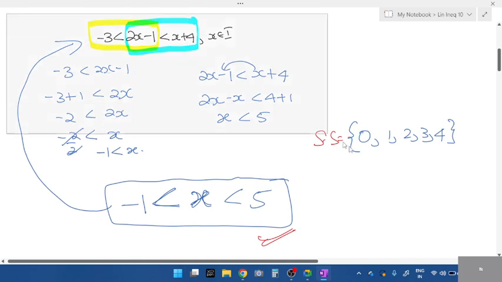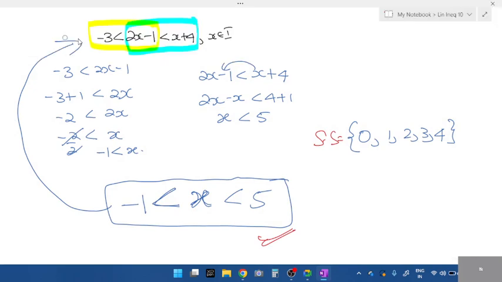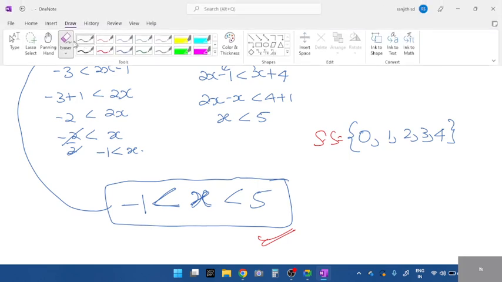All of you are done, completed? Solution set. Copy the question. Copy the question properly.